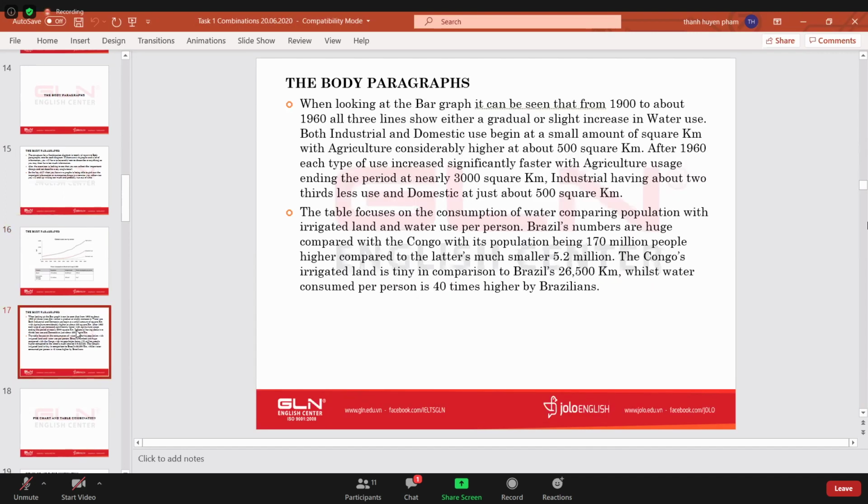So when looking at the bar graph, it can be seen that from 1900 to about 1960, all three lines show either a gradual or slight increase in water use. So notice how I have introduced a paragraph.